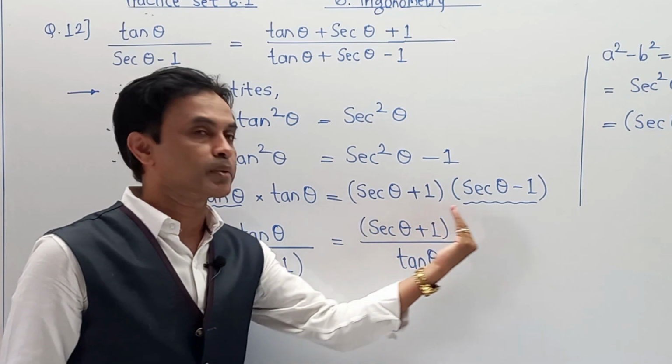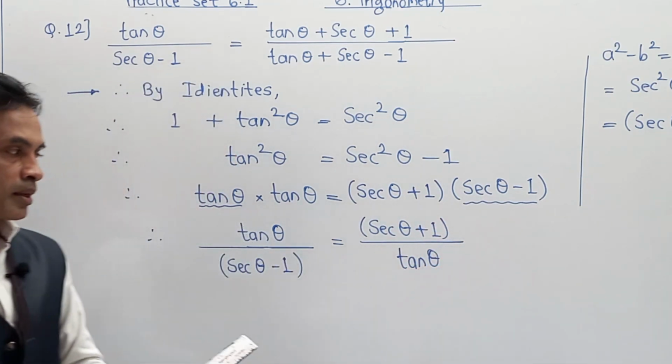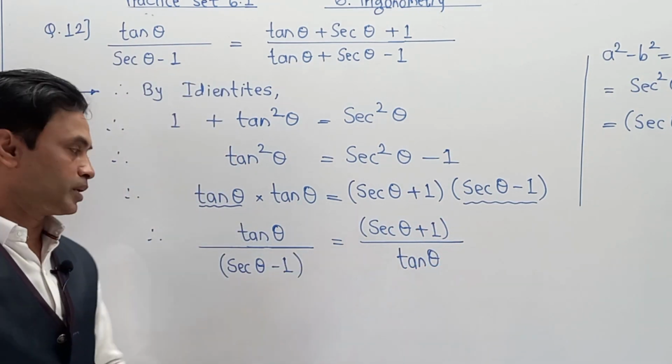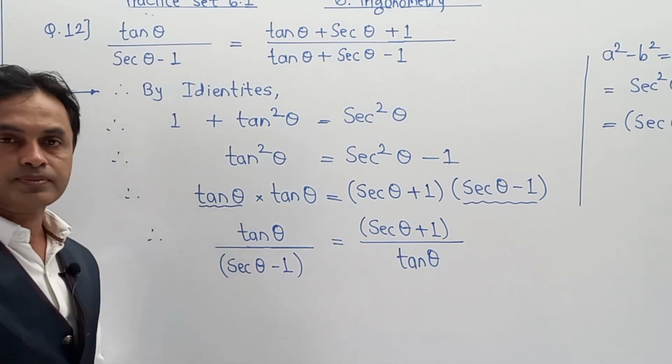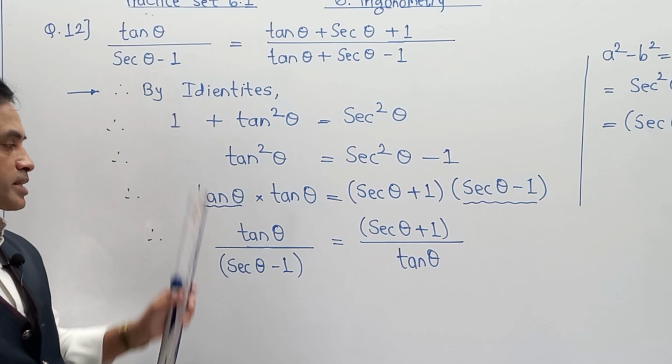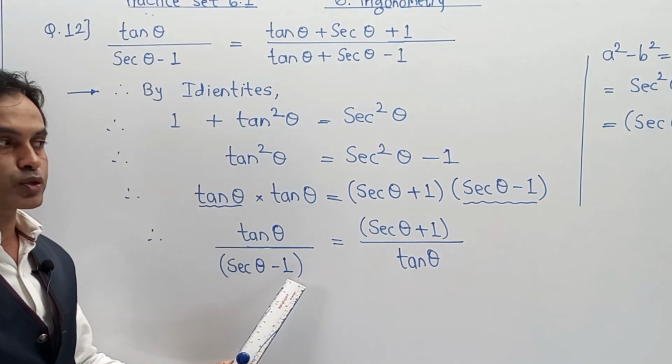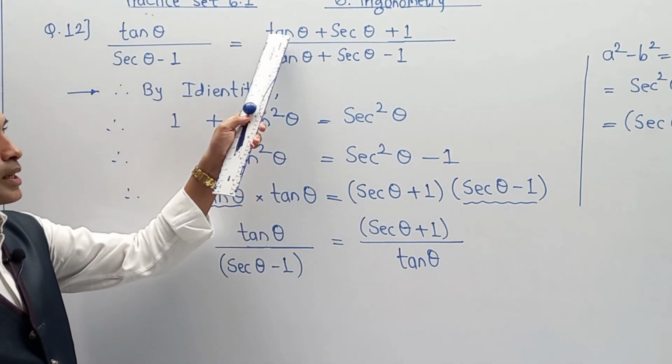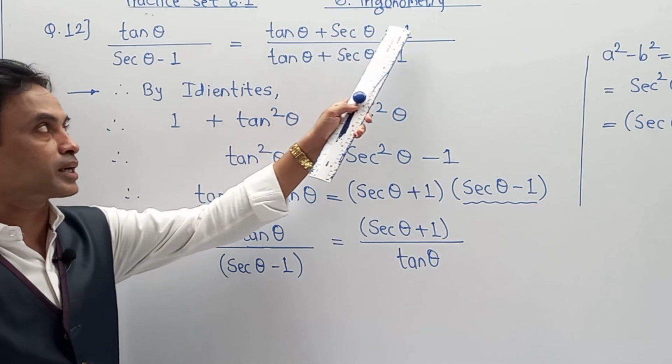Now definitely we have to make modification at RHS. But again, from the numerical itself you can easily observe the part. In the answer there is a part of LHS available, tan theta upon sec theta minus 1. Now there is a part tan theta plus sec theta plus 1.